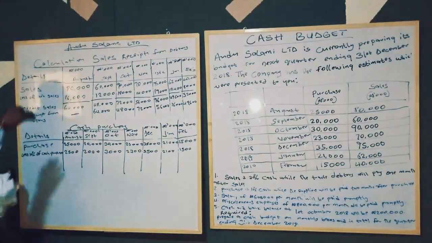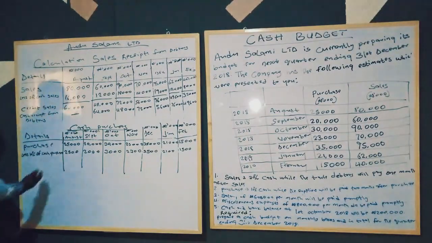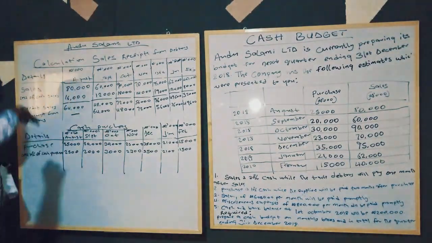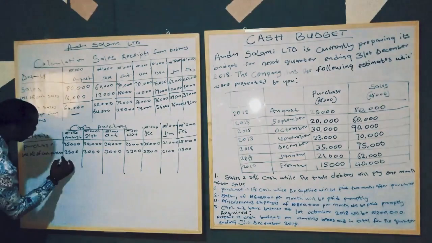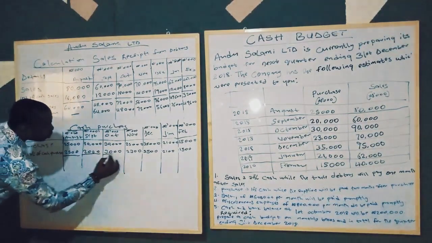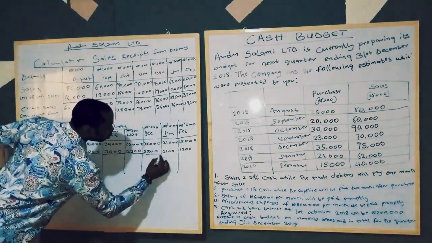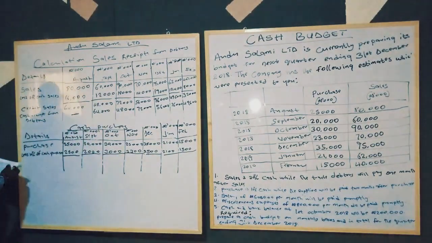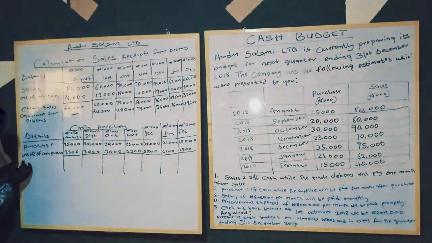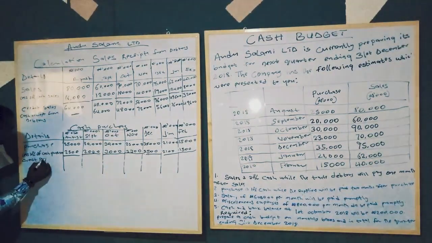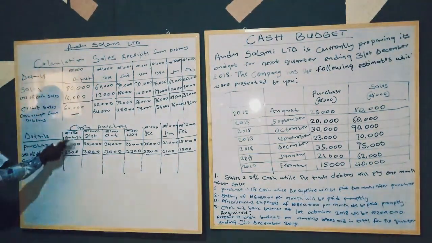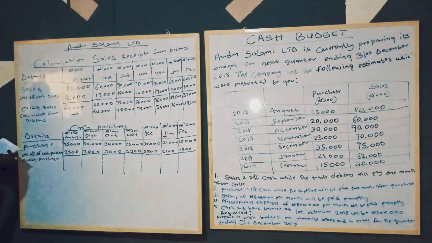Before we pay it, we have to know how much the remaining balance is that will be paid 2 months after. So we remove this from this, and it's now going to be credit purchase. This one minus this one is going to be our credit purchase.